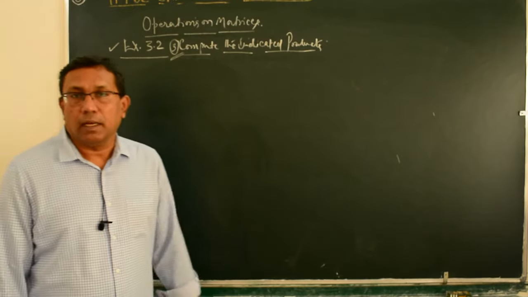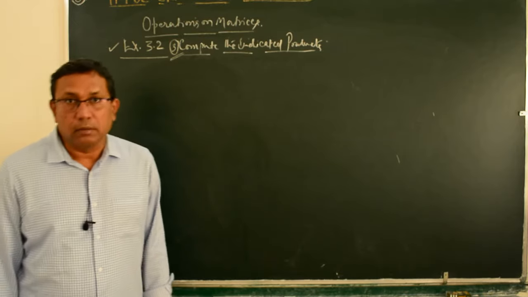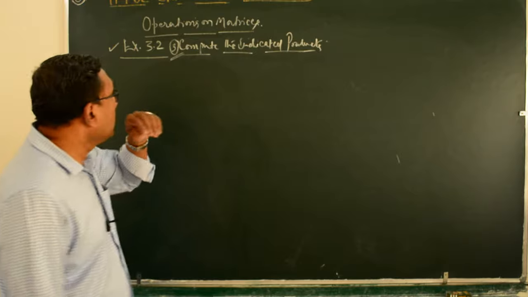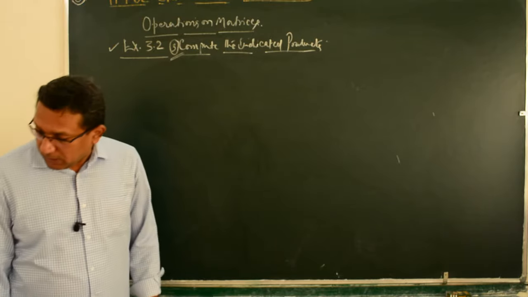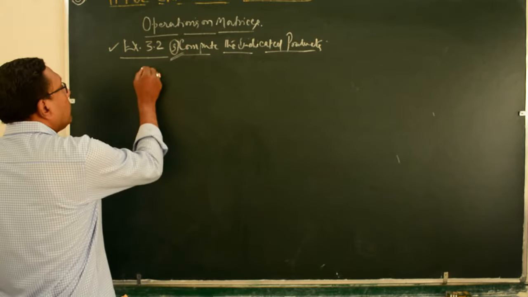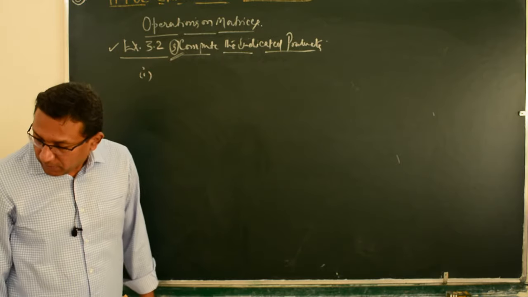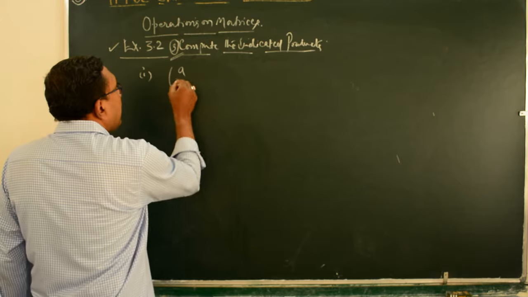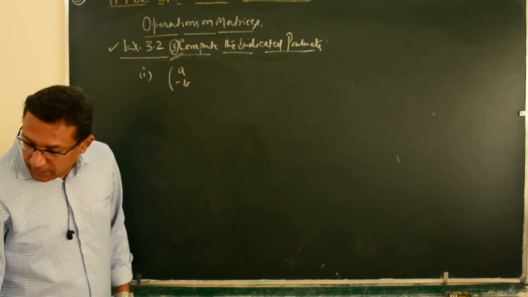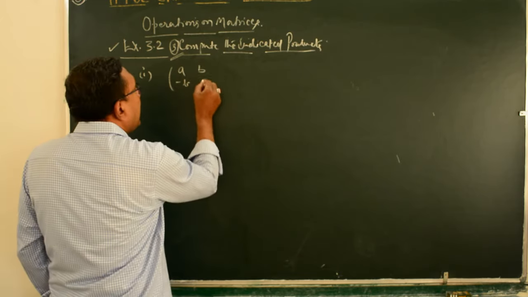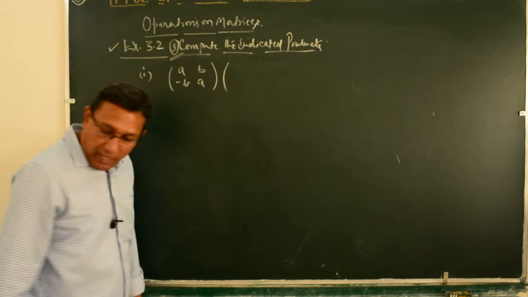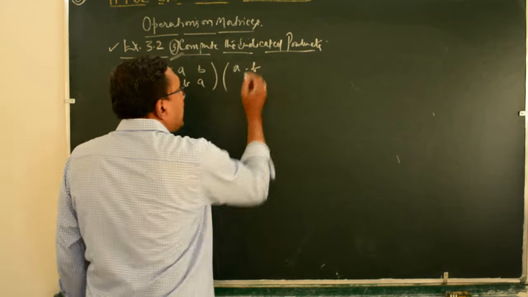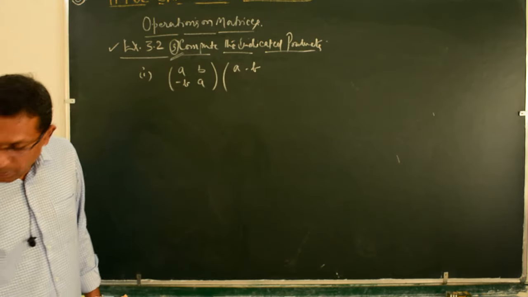Let's look at the third main question, which says compute the indicated product. Let us see the first question. What is given? We need to compute the product of A minus B, A minus B, A, B, and A should be multiplied with another matrix A minus B, A minus B, and BA.